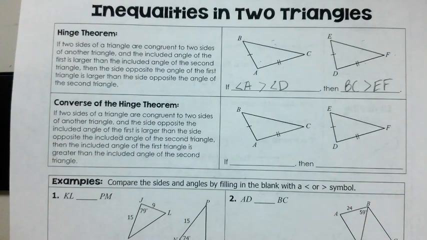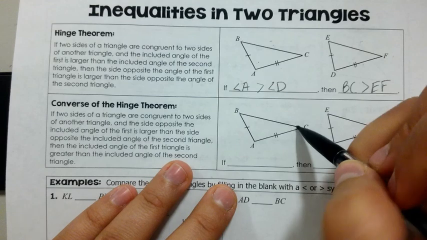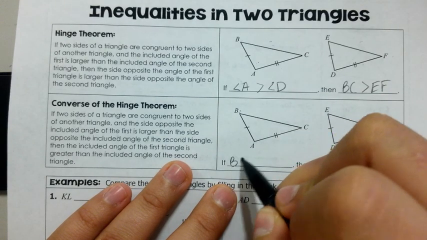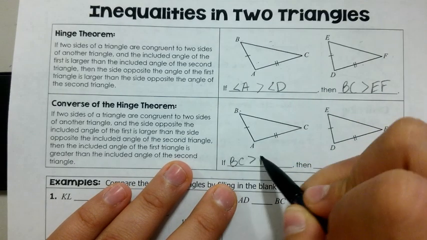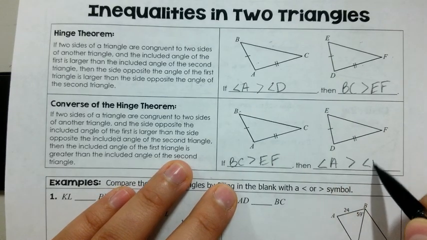On the other side of it, if we have that BC is greater than EF, then angle A is going to be greater than angle D, okay?